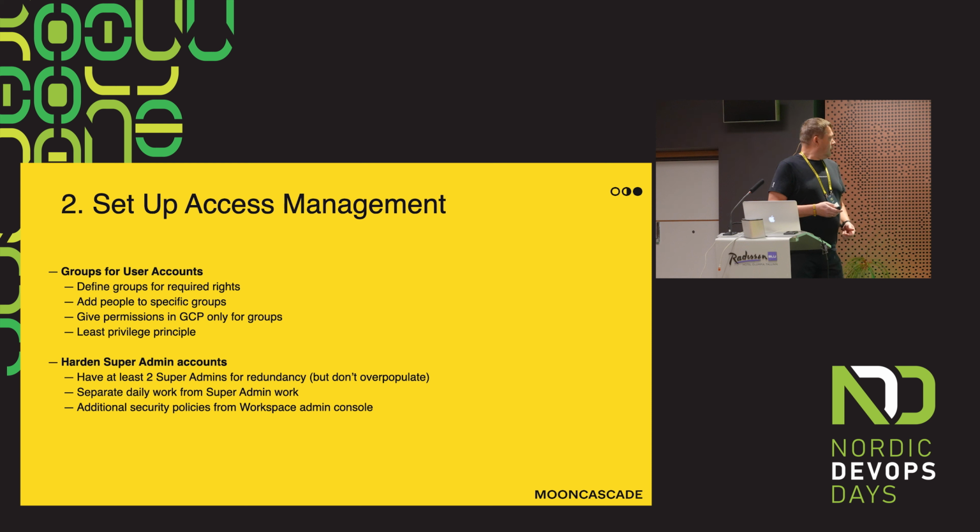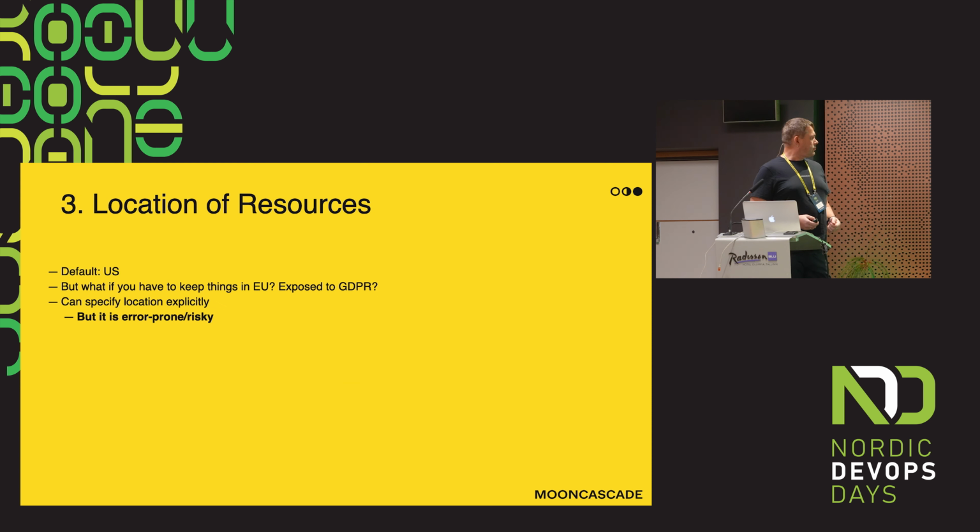Another thing, location of resources. In Europe, we have this GDPR, maybe you have heard about that. But there might be also other regulations or rules that you might be exposed to that force you to be aware of where you deploy your things.